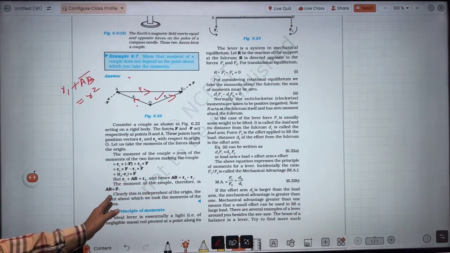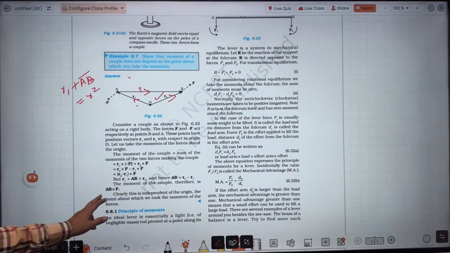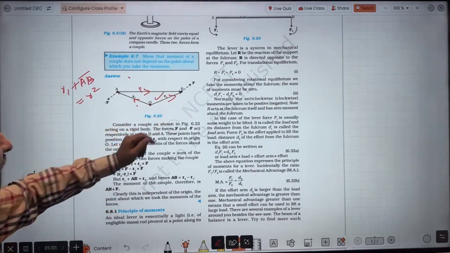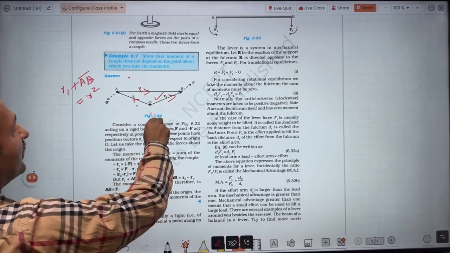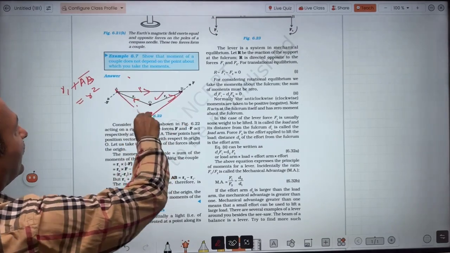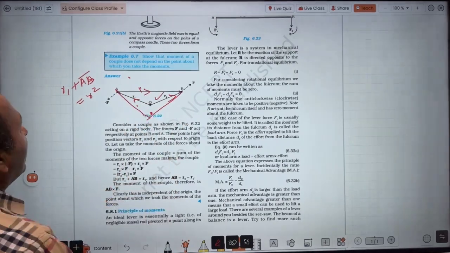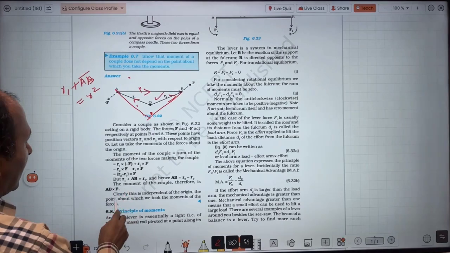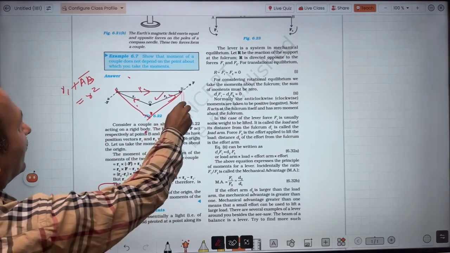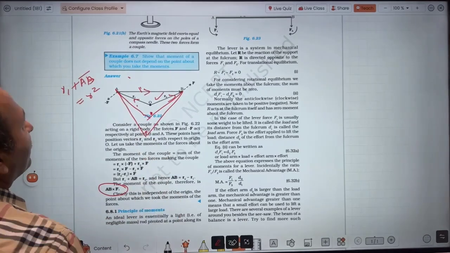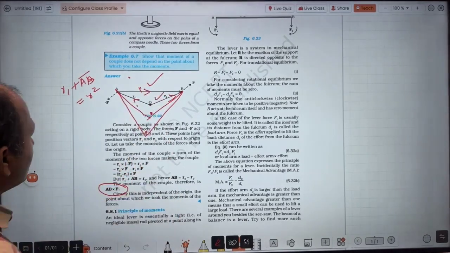So the moment of the couple is therefore AB cross F. So we have taken this distance. Here our concern was that this point is insignificant. We can take this point here also, and if we evaluate, we will get the same answer. In our calculation, ultimately we will get AB cross F. If we change the point to here, that does not matter. Again, we will get AB.